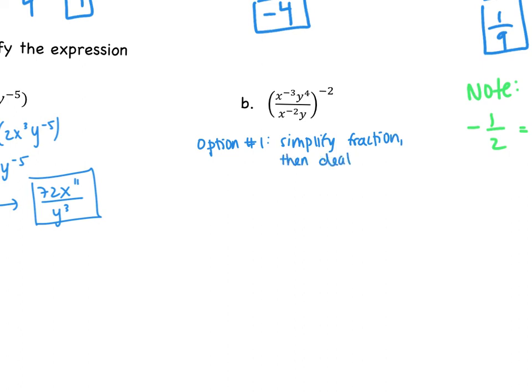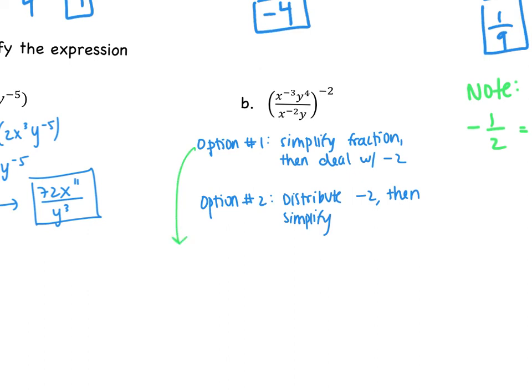Then deal with that -2. Second option, we can distribute that -2nd power and then simplify. I will tell you my preference is always to simplify first, so that's what I'm going to do. I'm going to simplify what we have in parentheses and deal with that -2nd later.